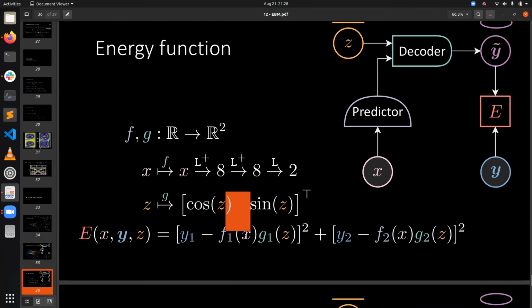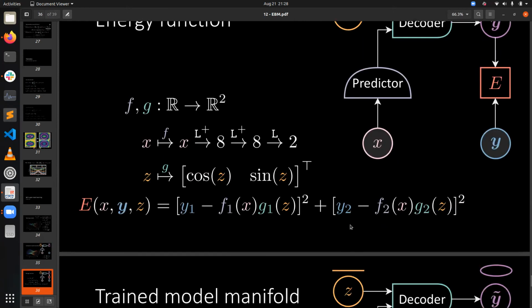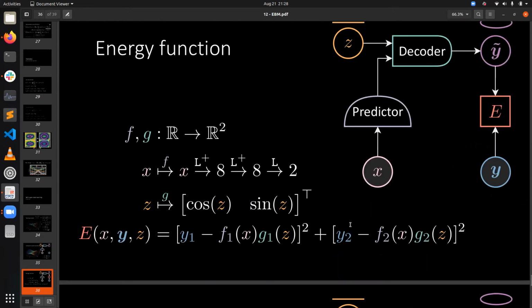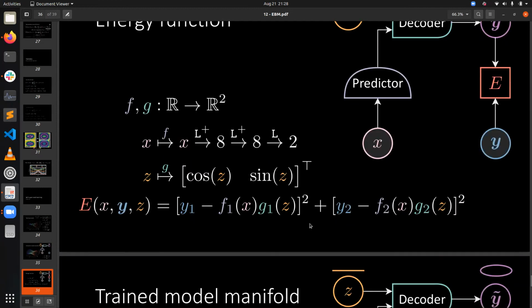This neural net output multiplied by this gives you one point on that ellipse. And yeah, the energy function is the Euclidean distance. And then as we have said before, the way to train it is suppressing the energy at the data points. Everything else is the same as what we have discussed before.